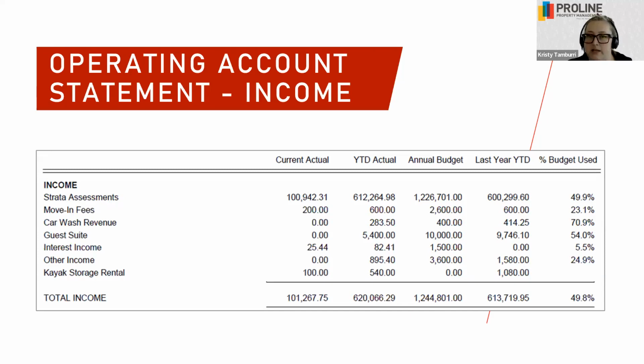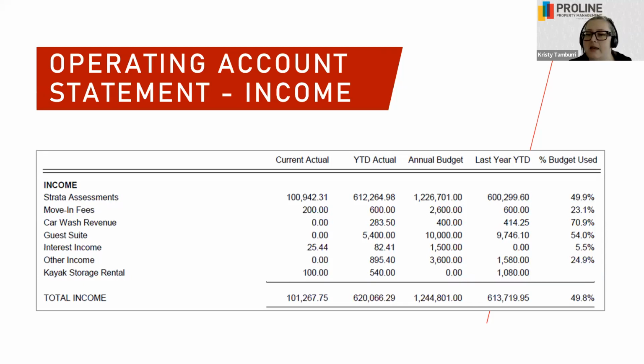The annual budget is the annual budget that the owners have approved at the last annual general meeting. We also include a column for the last year's year-to-date for that same period, so that as a council member, you can easily look at your statement to compare where you're at, in this case for income now, versus the same period in the previous year.